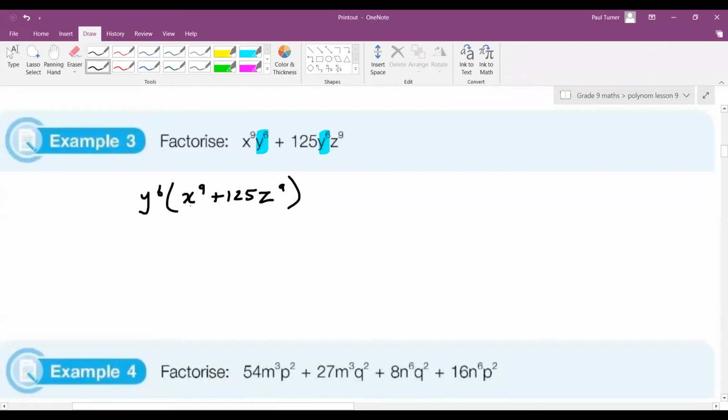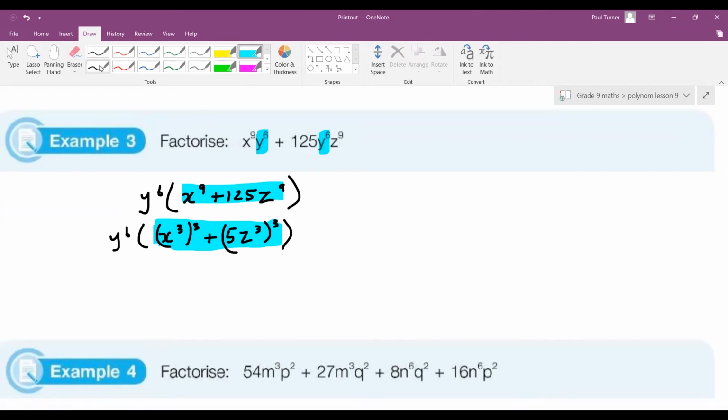So let's make these 2 into cubes. You'll have y6, x9 is x cubed cubed, right? x cubed cubed plus 125 would be 5 cubed, z cubed all cubed. So this bit is just rewritten in terms of cubes.